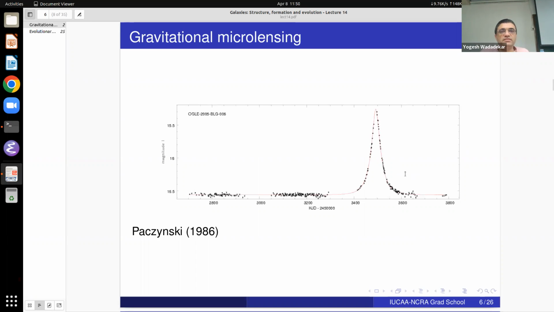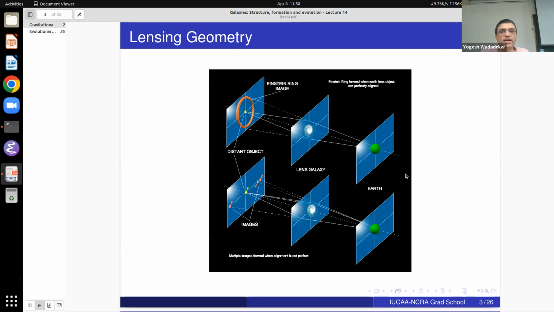So that's what we saw here, right? What is happening is, normally a photon which is going in this direction would have gone on there. A photon which is coming in this direction would have gone off in this direction. But like a convex lens bends light and brings light from a large area to one spot, the same thing can happen in gravitational lensing.